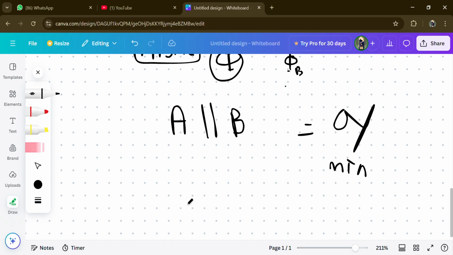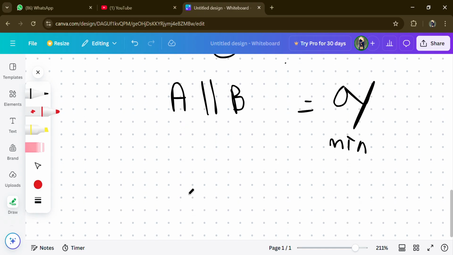Let's understand it. These are the magnetic lines. They're actually in this situation moving along the x-axis. This is the area. So how many lines are passing by?